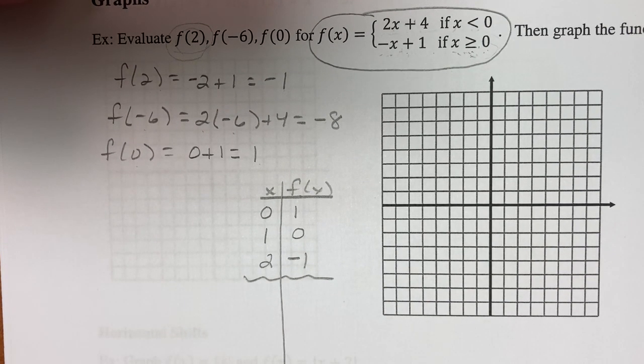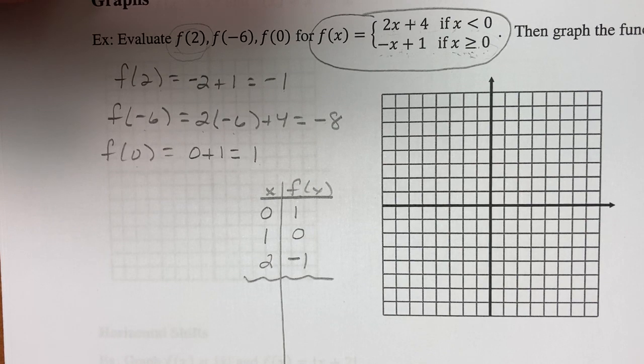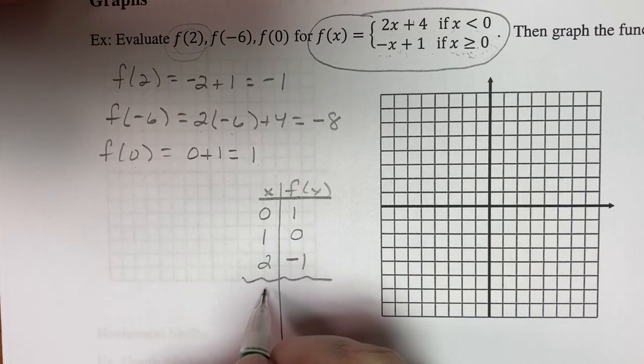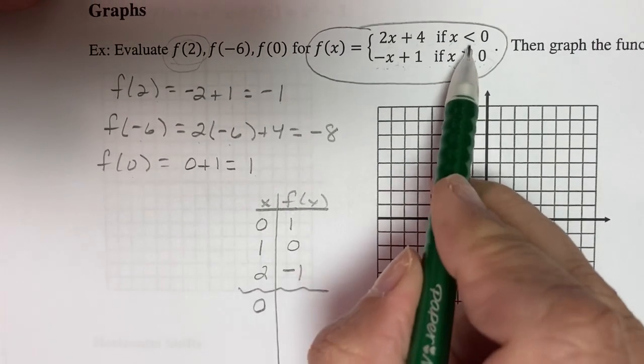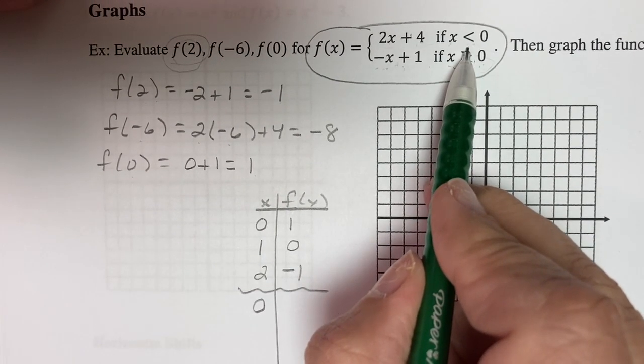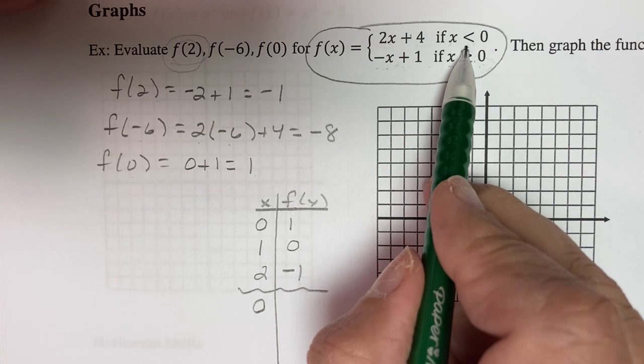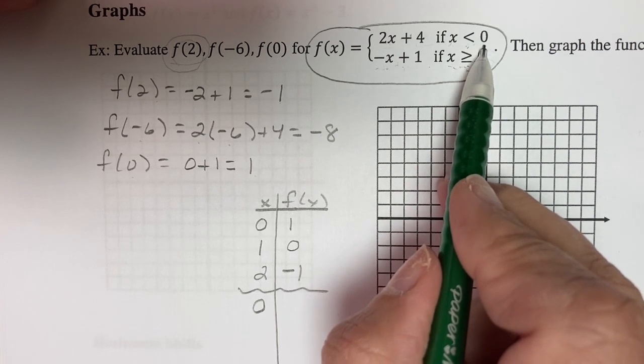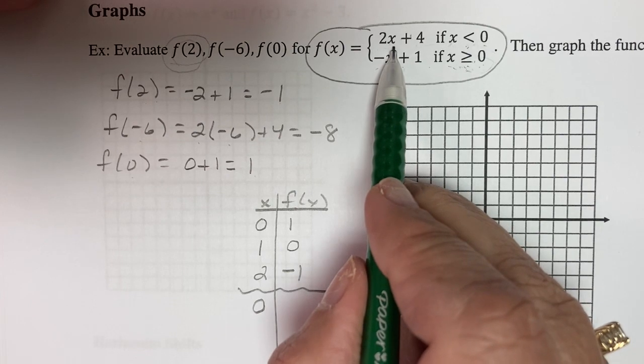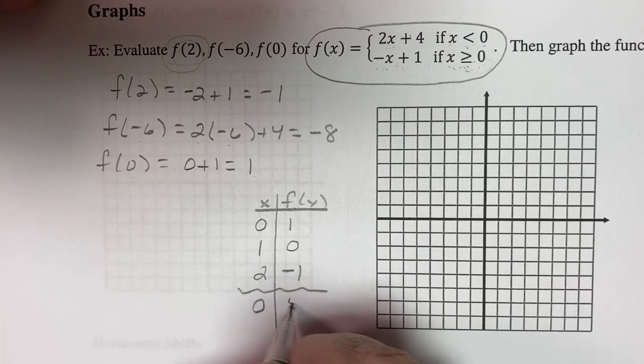Now, here's what you're not going to like, but just trust me, please. You have to also plug in 0 to the top portion of this function. I know it says x is less than 0, but you still need to plug in 0. And when we graph it, I'll explain why. If I plug in 0 to this top part of the function, you can see that I'm going to get 4.